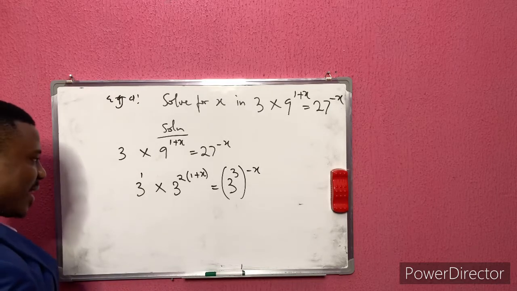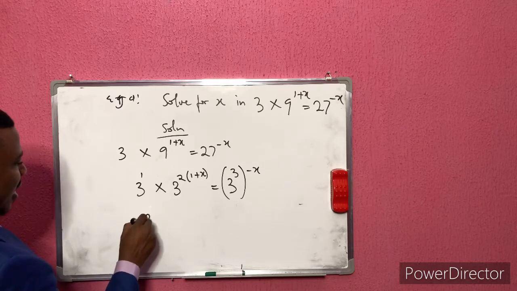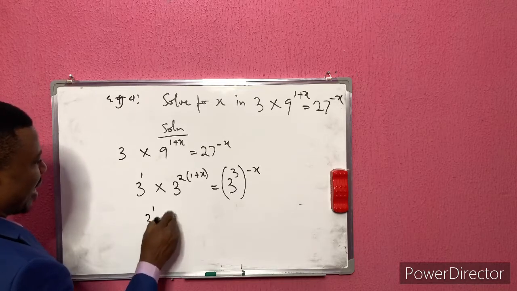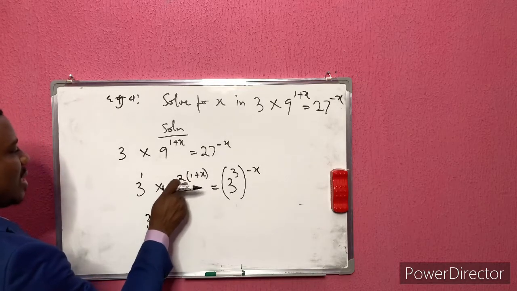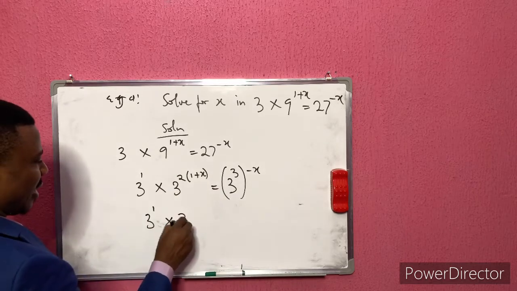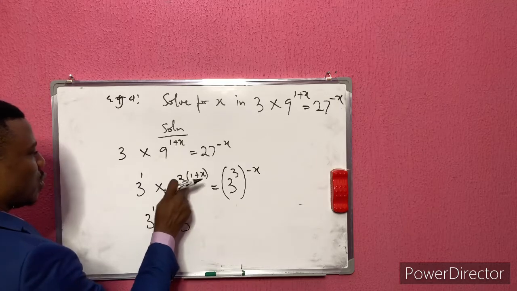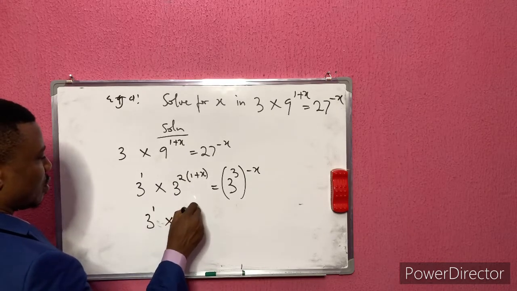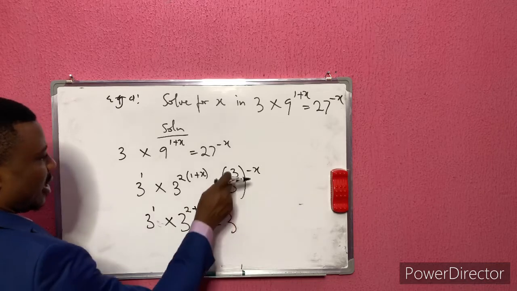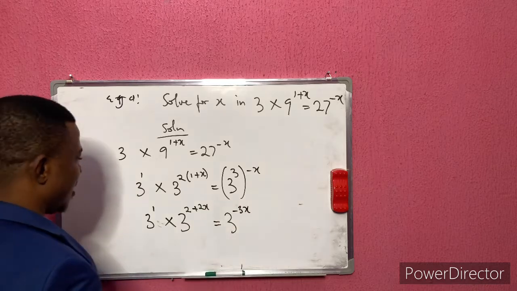Since they have the same base, 3 power 1 multiplied by, obeying the law of indices, we are going to multiply this. You have 3. 2 times 1 is 2. 2 times x is 2x, equals 3. 3 times minus x is minus 3x.